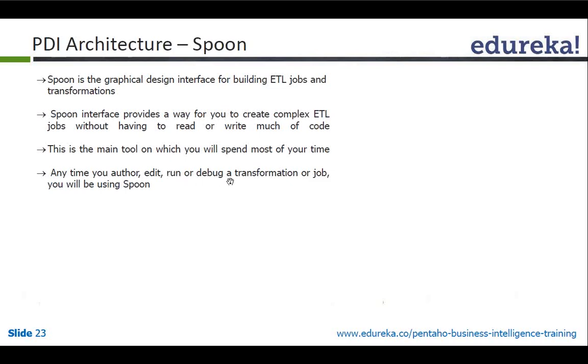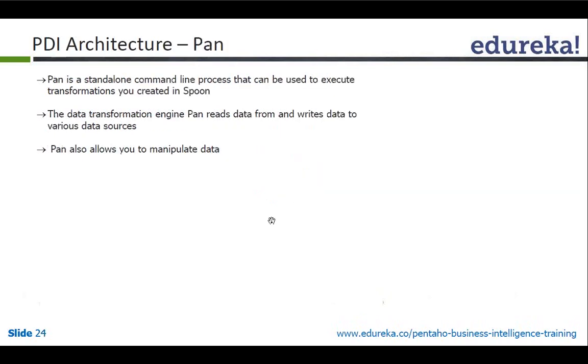For running and debugging, there is another provision: you can use Pan or Kitchen. Those are command line utilities, but for authoring, generally it is not recommended. Practically, I have done authoring using my Java application. We used to write XML, so these transformations or jobs are nothing but XML. But you will have to get familiar with that XML structure.